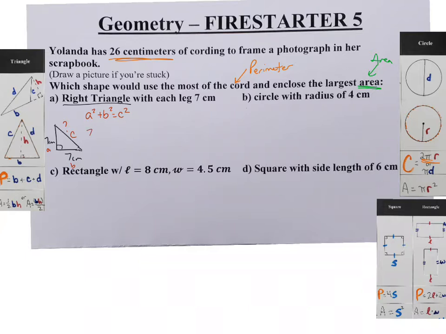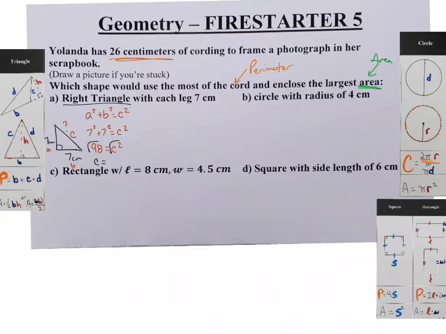So I know that I have 7 squared plus 7 squared equals c squared. So I have 49 plus 49, so 98 equals c squared. To get rid of the little 2, I take the square root of both sides, so c is equal to the square root of 98.